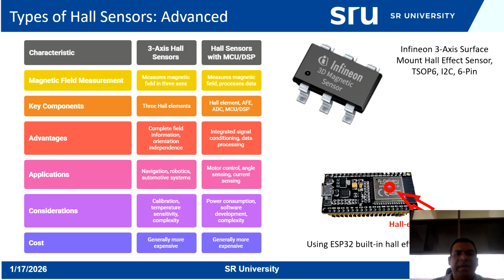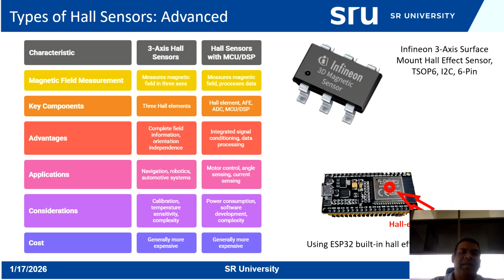Then it has a linearization property, and the output of this Hall sensor is digital, and it can support I2C protocol, CAN protocol, SPI, then SENT protocol. Diagnostic features are also available, that is ASIL for the automotive industry.